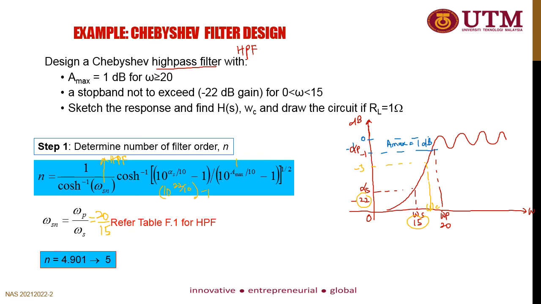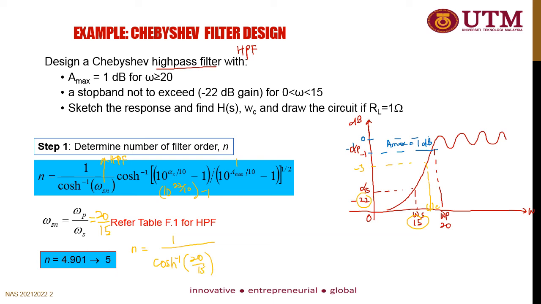Okay, so replace omega Sn with this value, and make sure you do it properly. So 1 over inverse cosh. Okay, write down the general equation first, then you put in the values.